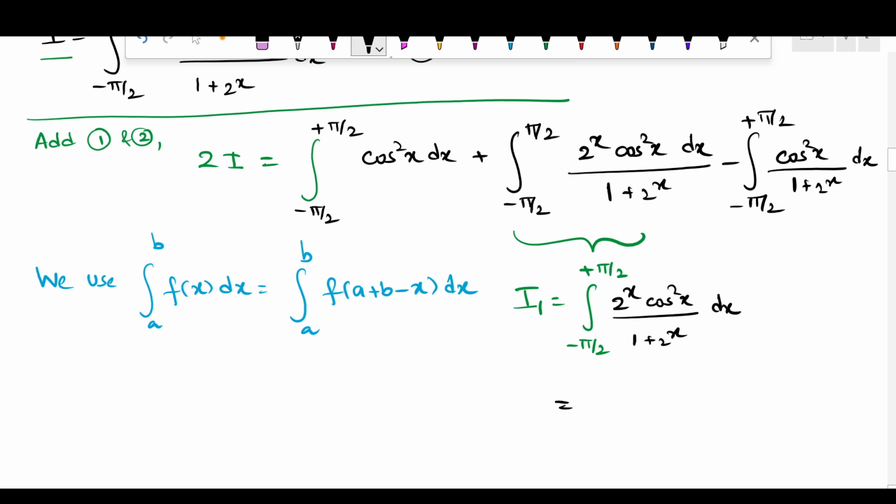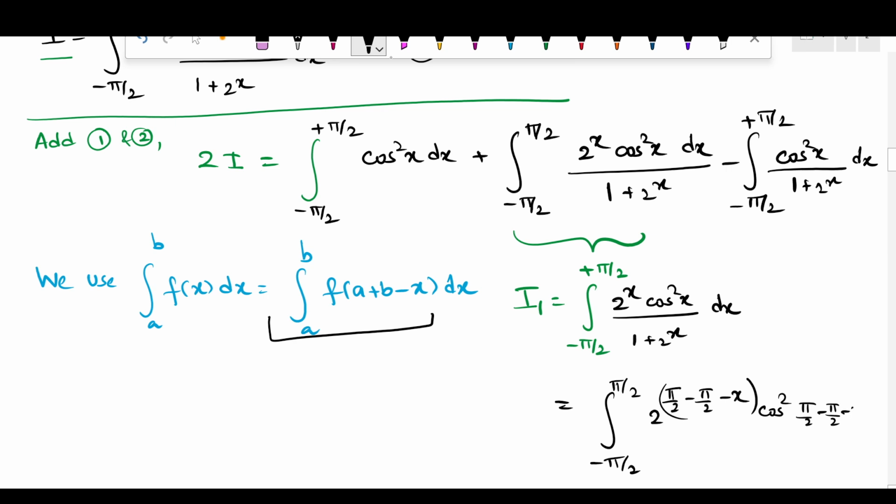This will be equal to what? By this, you add this 2, that is integration from minus pi by 2 to plus pi by 2 of 2 raised to the power (pi by 2 minus pi by 2 minus x) cos square (pi by 2 minus pi by 2 minus x) over 1 plus 2 raised to the power, this will be a minus x only, right?